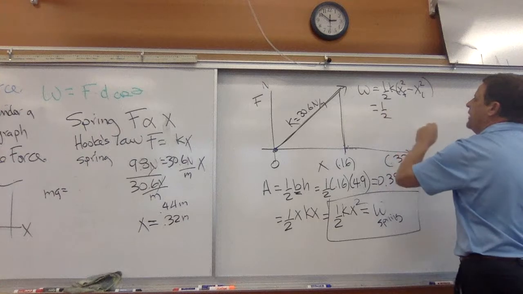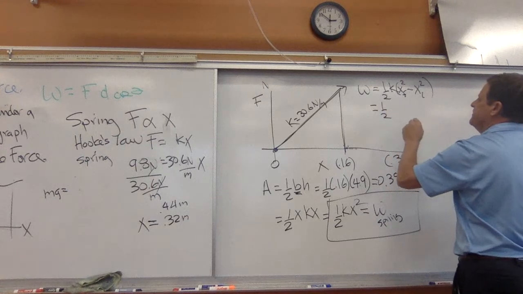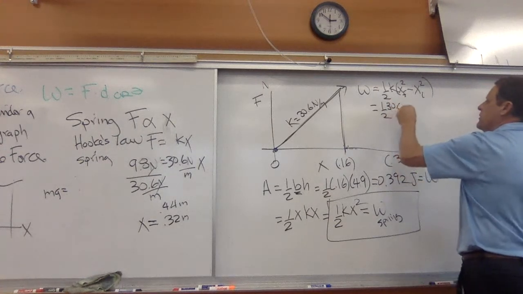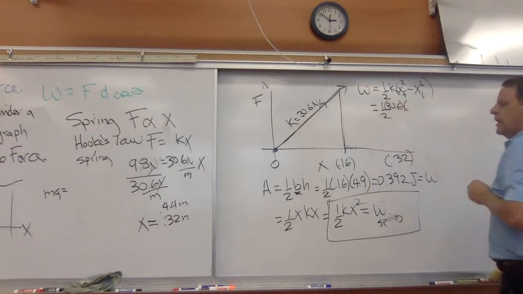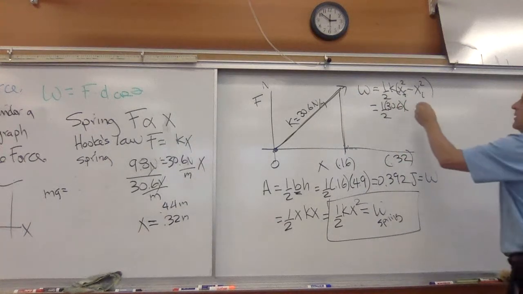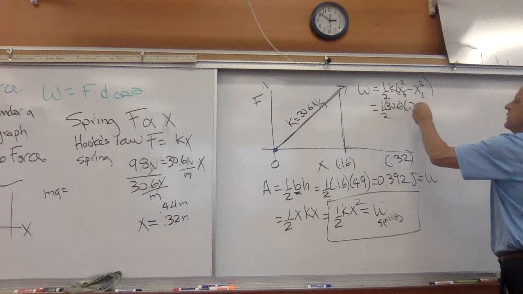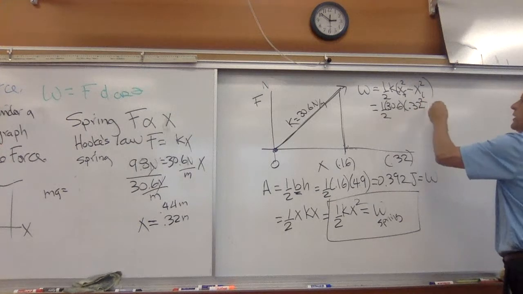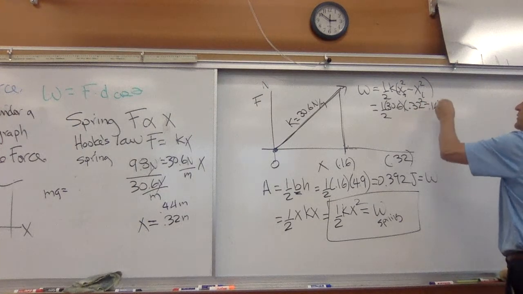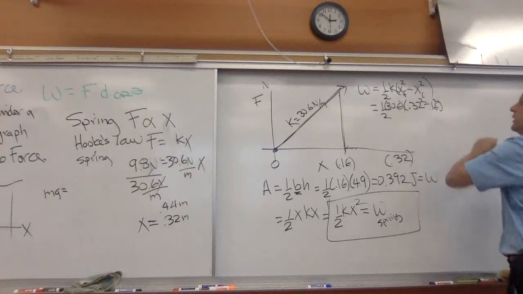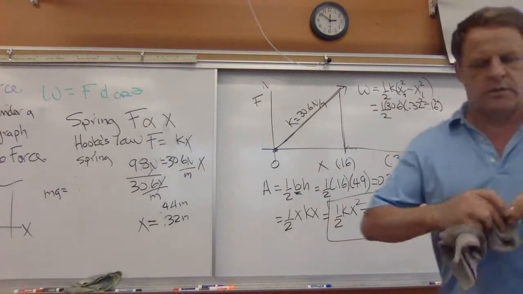So we can say 1/2 times 30.6 times 0.32 squared minus 0.16 squared.